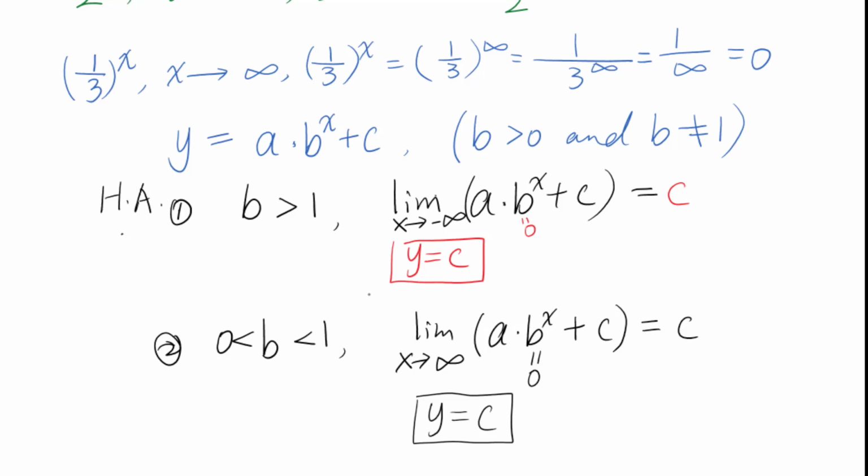In other words, when you have y equals a times b to the x power plus c, we will get horizontal asymptote line. It's y equals c.